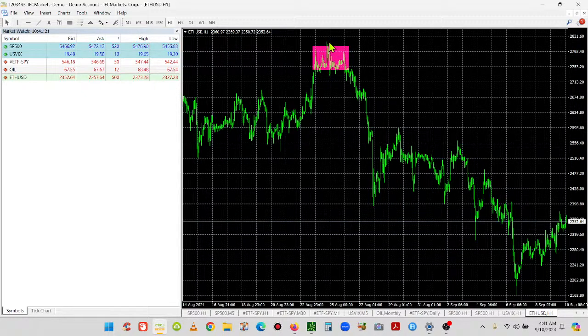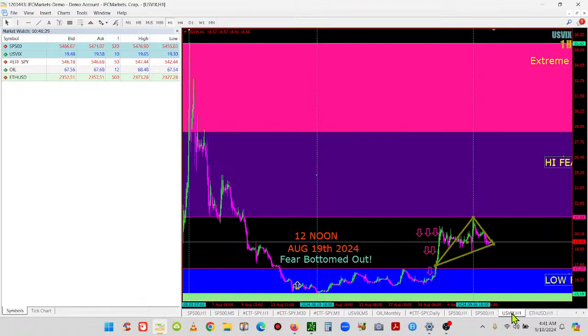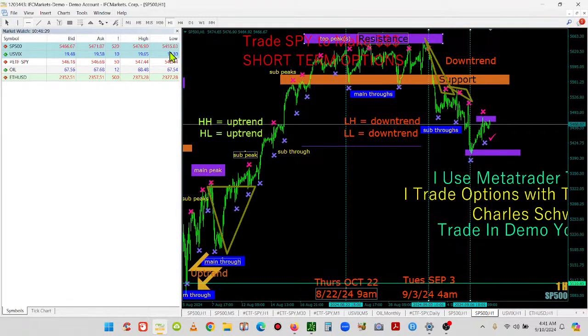That is a pattern which signified the top and the fall. This could potentially be a bottom right here. You see it going up, then you see a sharp correction. I'm not going to chart every little detail of this right now. I already did that for the S&P.